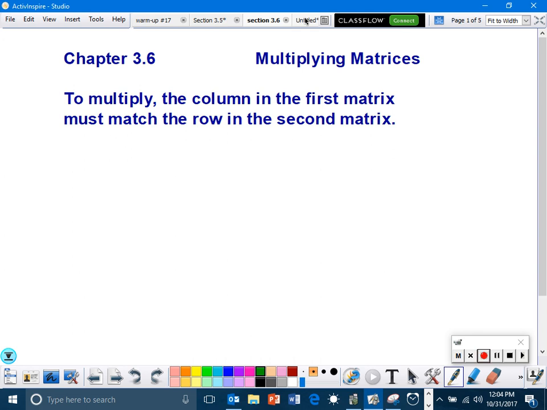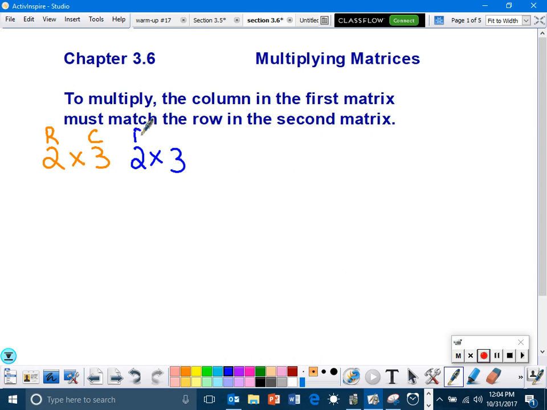So what does that mean? For example, if I had a 2 by 3, there's 2 rows, 3 columns. And I had another matrix that is another 2 by 3.